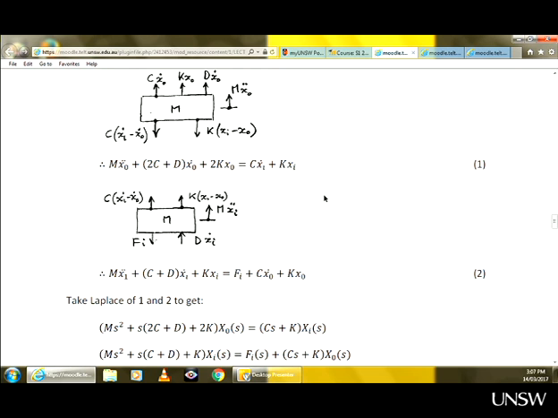The transfer function ignores initial conditions and the form of the input, so it is just any generic R of t. Apply Laplace on the left and Laplace on the right. Find the output C over R, and you'll get 1 over S squared plus CS plus 10. That will be the transfer function.